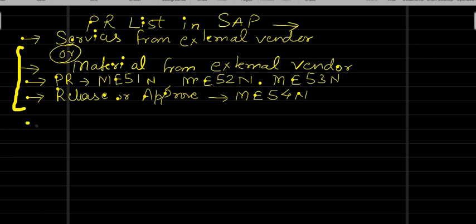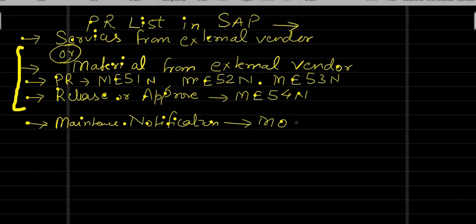In the second case, when we do any job related to maintenance, like maintenance of any equipment or of a building, we first create the maintenance notification followed by the maintenance order.